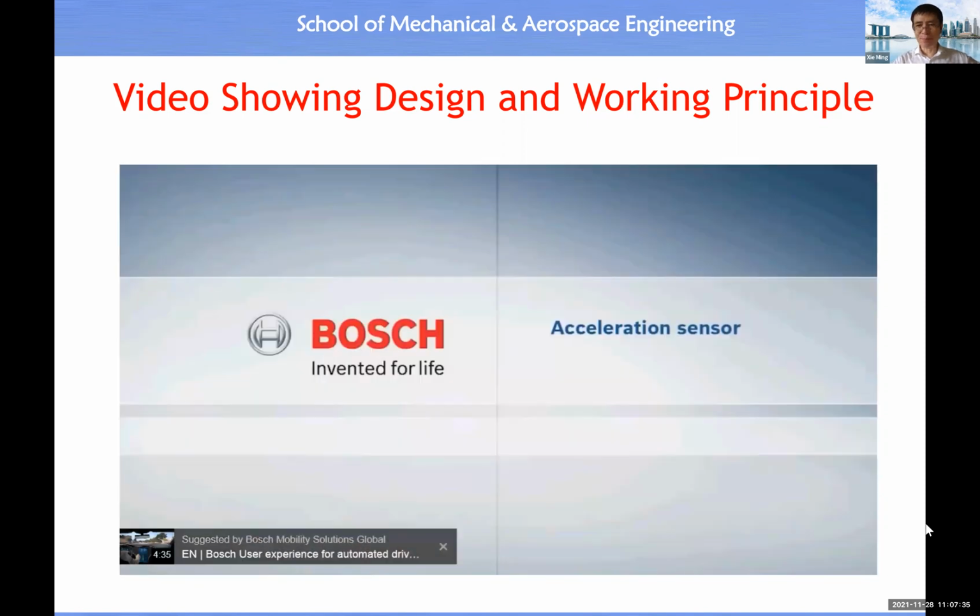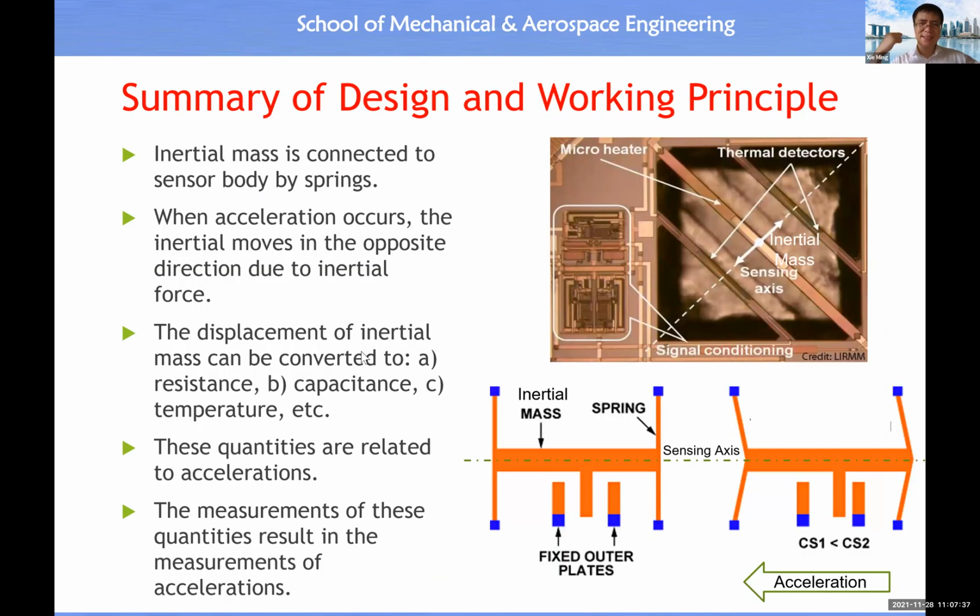All right, so this slide basically summarizes the content which has been shown in the video. So you have two parts. One is a sensing part, another is an electronic circuit part.